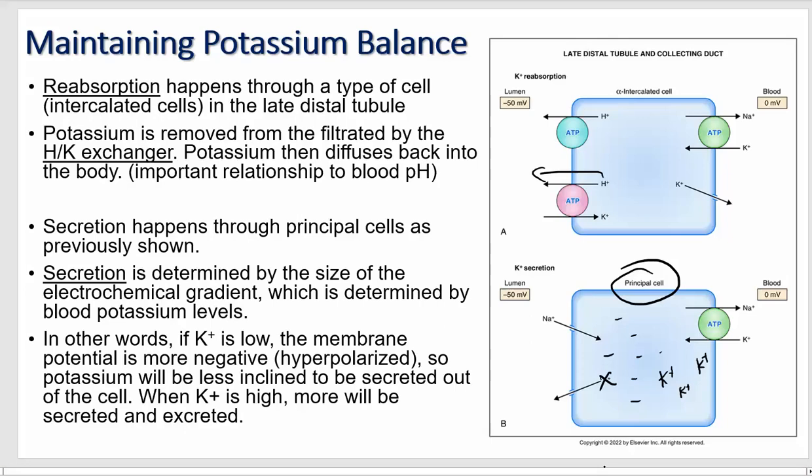So it's less secretion. When potassium levels are high, it's going to remove some of those negative charges, so it's going to be more positively charged. Well, if that's the case, then potassium is definitely going to be excreted. Secreted and excreted. All right.